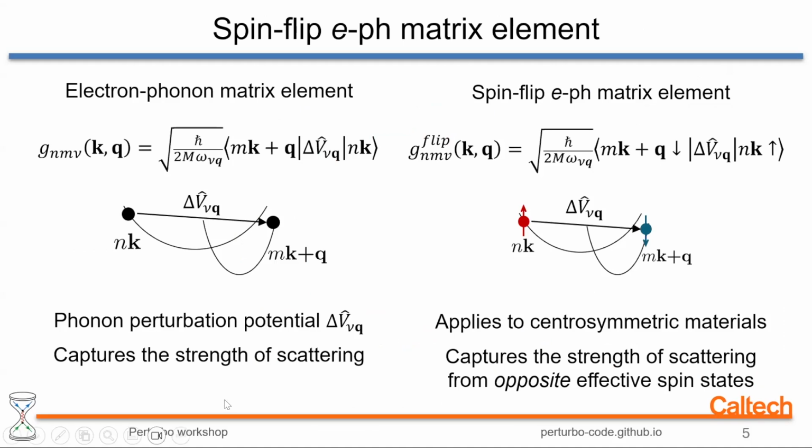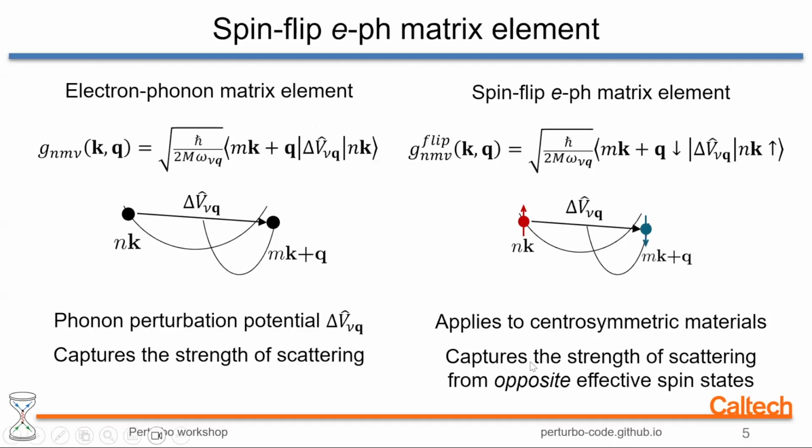On the left, we have g, which captures the probability of scattering from initial Bloch state to final Bloch state, and has the phonon perturbation potential. For this electron-phonon matrix element, we can choose to include spin-orbit coupling or not, and this captures the strength of scattering.